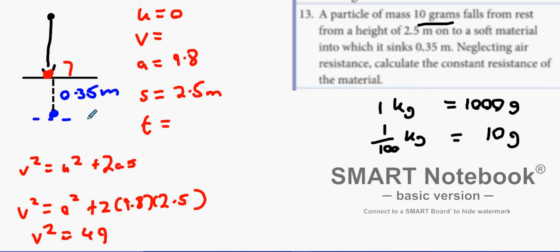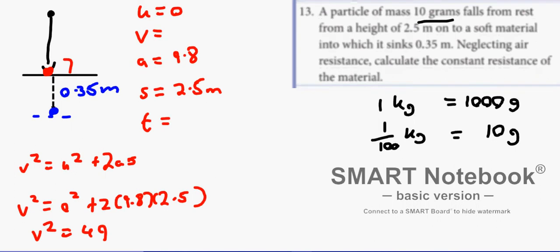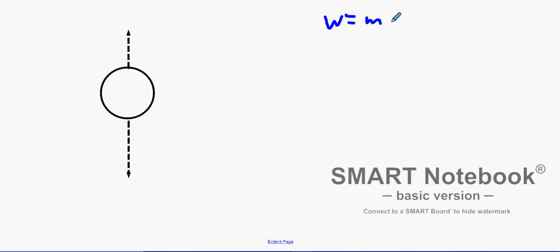Now, the difference between this question and previous questions is there's actually two opposing forces here on the particle. Okay, so if you imagine this sphere as the particle, weight acts downwards while the constant resistance acts upwards. So there's opposing forces here, and we need to get the net force. Weight equals mass times gravity.